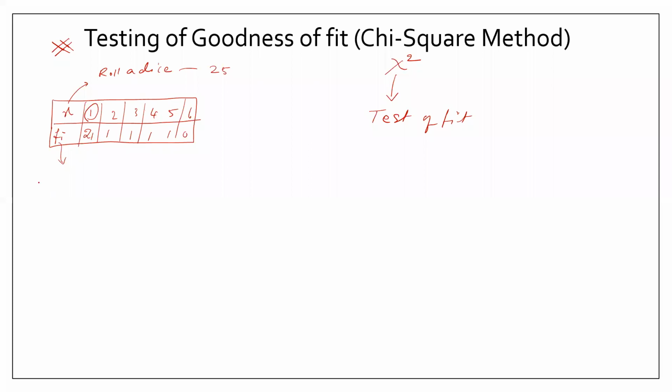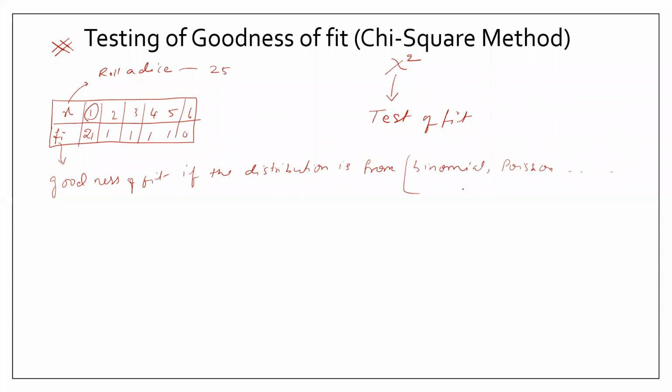Now they may ask you to check the goodness of fit, to find the goodness of fit if the distribution is from, let's say, binomial, or maybe Poisson, or any other distribution.